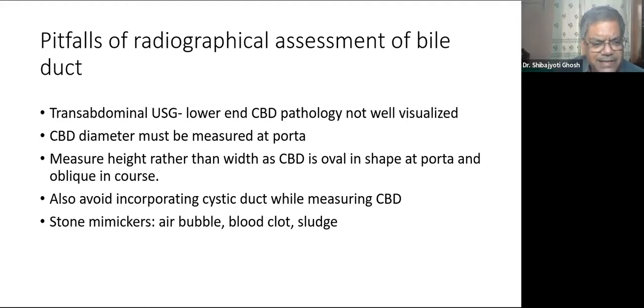And also there are certain things we should keep in mind, and in some cases we need to discuss with the radiologist, that sometimes when the cystic duct is incorporated, because of the low insertion of the cystic duct into the common bile duct, the combined measurement of cystic duct and the common bile duct may be reflected as a dilated common bile duct.